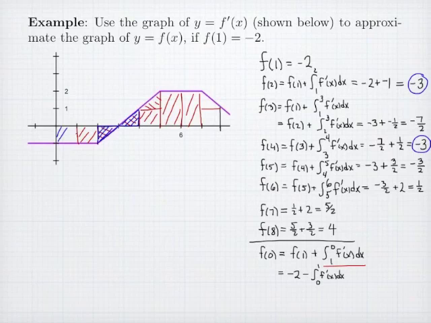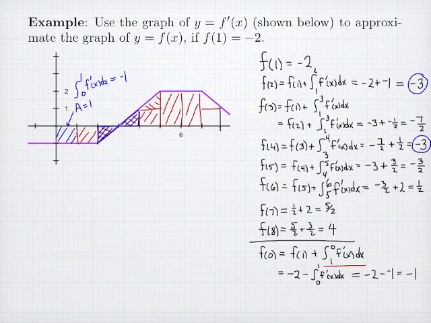The area in the square was an area of 1. So the integral from 0 to 1 of f prime, signed area, is negative 1. And so if I integrate from 1 to 0, I subtract negative 1, giving me a value of negative 1.